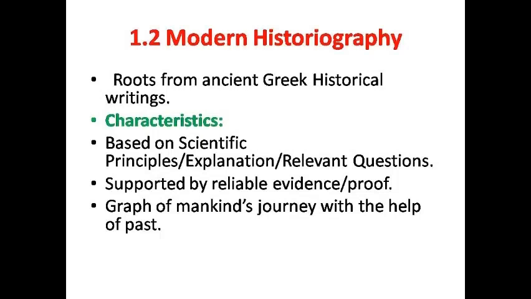Explanation was done. Not only that, but relevant questions were also written in these Greek historical writings. And so we call it modern historiography because they were written with the help of reliable evidence or reliable proof. Without proof, history writings were not published. So we call it modern historiography.